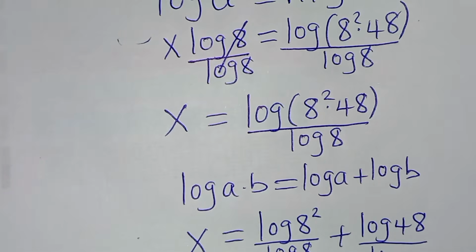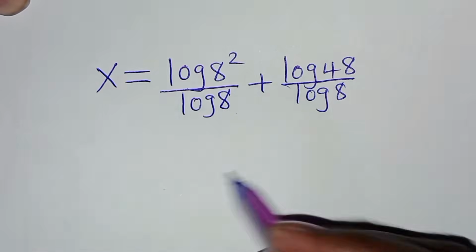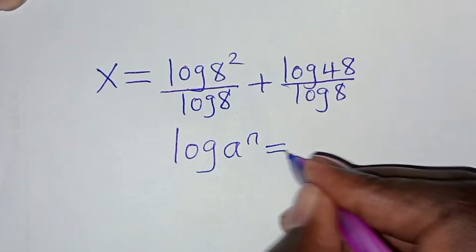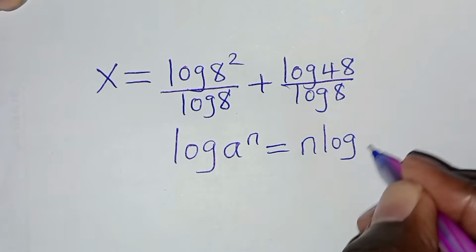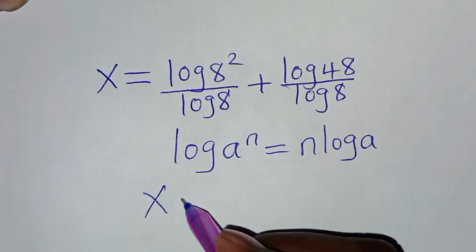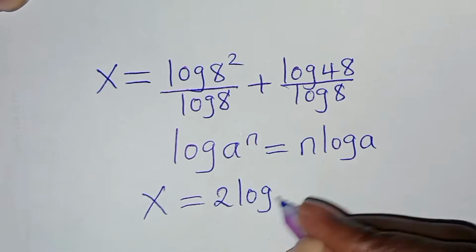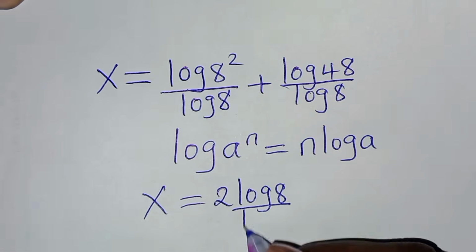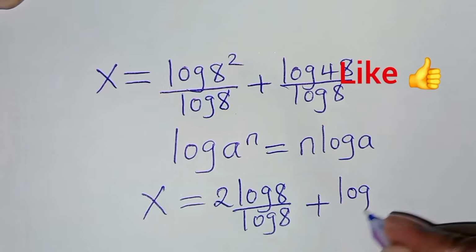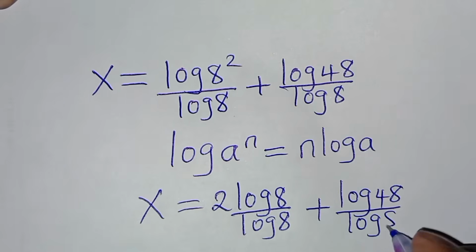divided by log 8. Now from here, applying the power rule property, that is log a to the power n, this can be expressed as n log a. Applying this property, here we have x is equal to log 8 to the power 2 becomes 2 log 8 divided by log 8 plus log 48 divided by log 8.